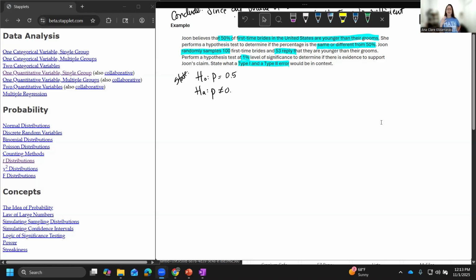I understand that the younger is in there, but we're not talking about the average age. This is not a problem about average age. It's the percentage that either meet that condition or not. And so p is the true proportion of first-time brides in the US that are younger than their grooms.